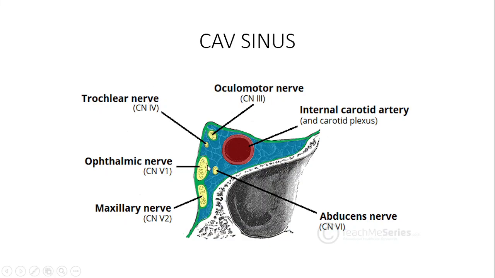But if it is the oculosympathetic fibers which are more affected, remember these oculosympathetic fibers give innervation to Müller's muscle. Müller's muscle just gives little strength so far as opening of the eyelid is concerned.